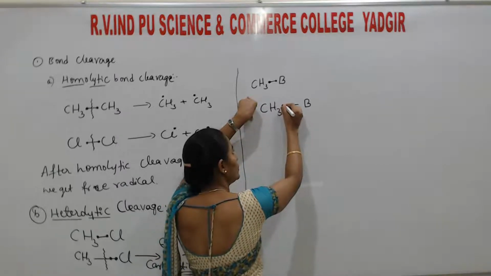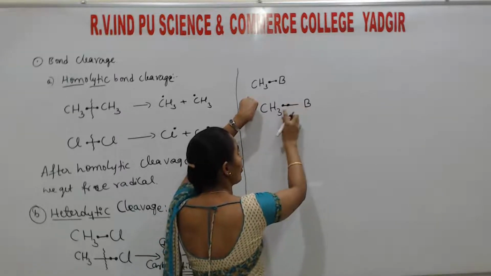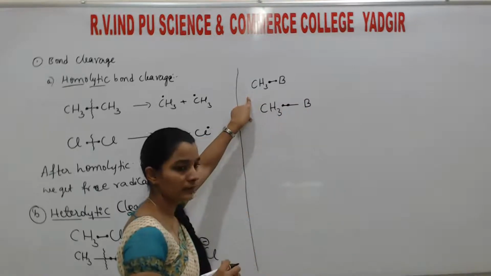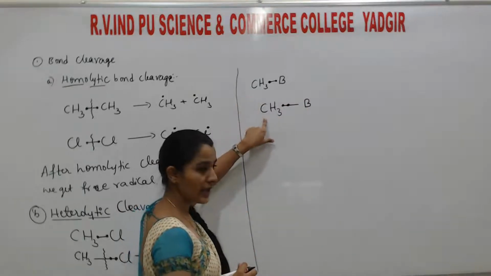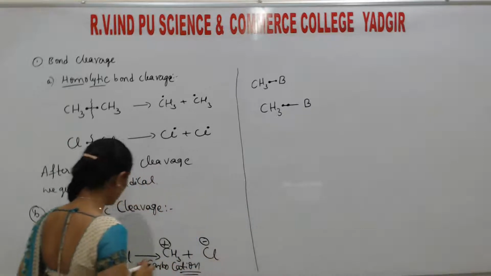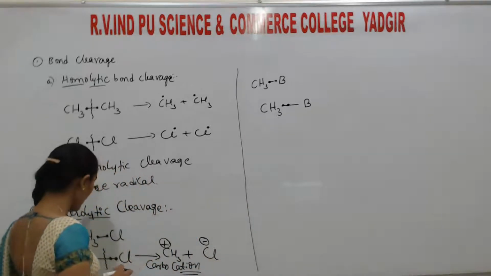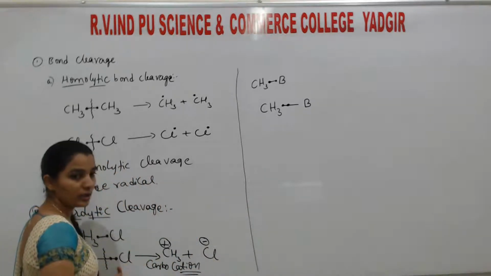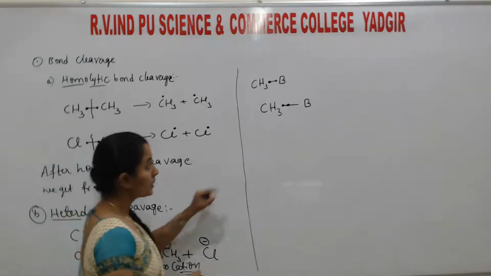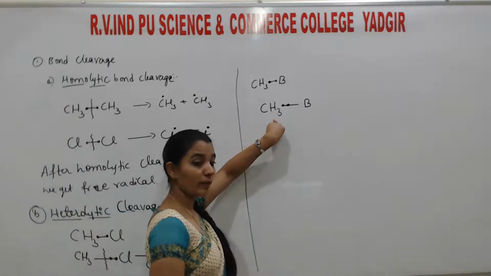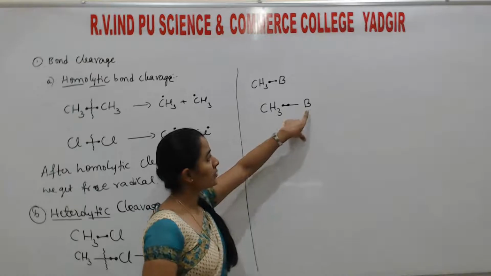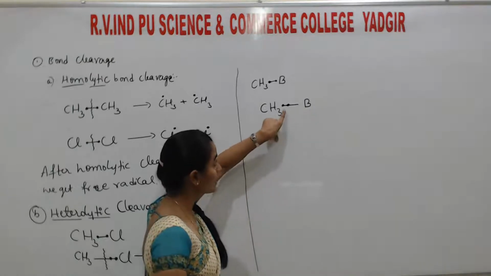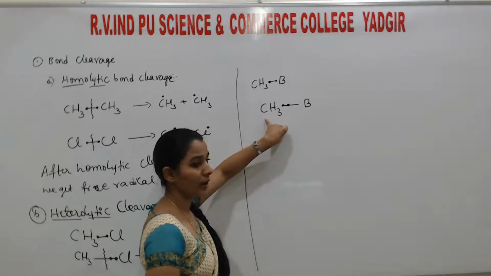So these two get bonded by the sharing of electrons. This is CH3 bond B. Compared to boron, carbon is highly electronegative, so the electron of boron seems to be nearer to carbon. But in the earlier case, Cl is highly electronegative, so the electron is nearer to chlorine. Here carbon is highly electronegative, that's why the boron electron seems to be near that carbon atom.